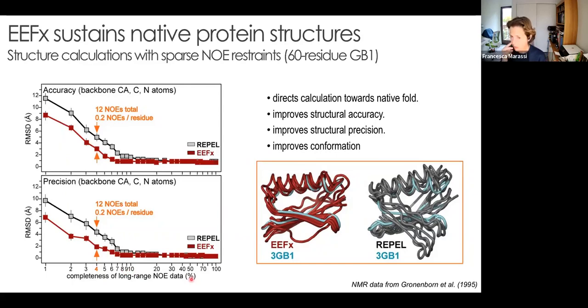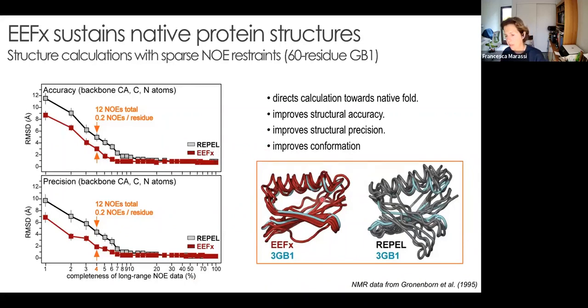So we concluded from this that the potential directs the calculations towards a native fold. It improves structural accuracy and structural precision. And it also improves conformation. I'm not showing data about that in this slide, but all of the metrics that one can measure, with things like MolProbity, for example, point to a much improved conformation of the protein.